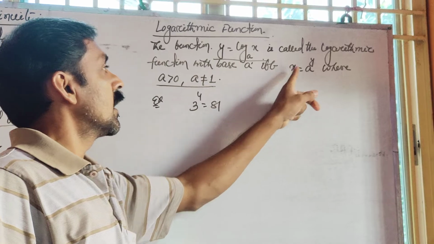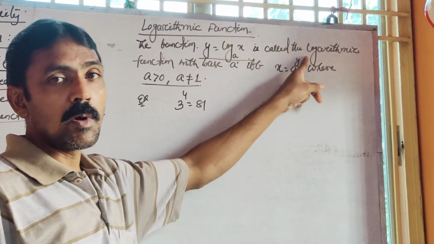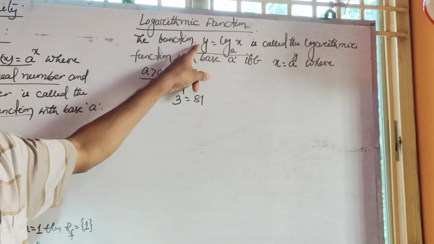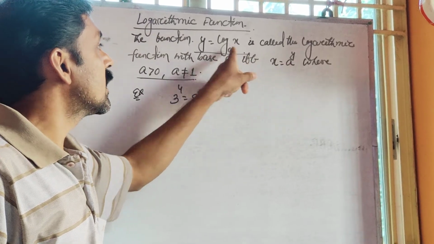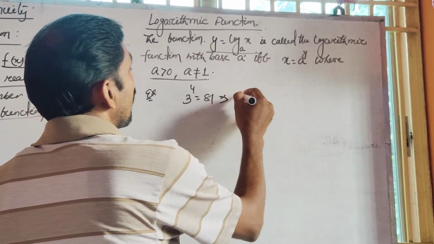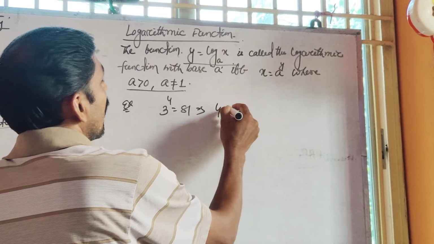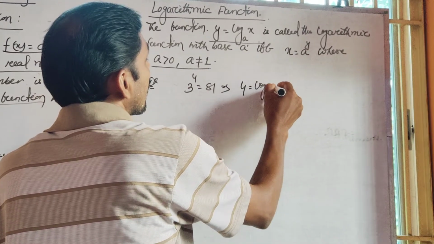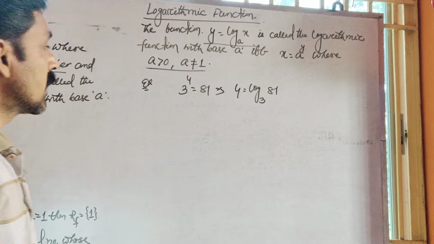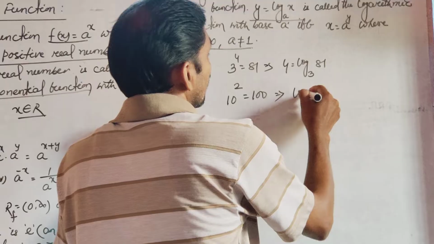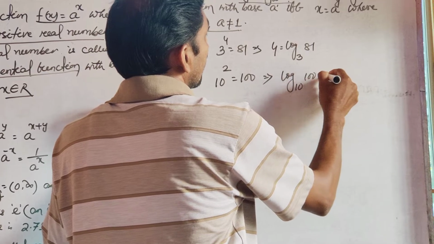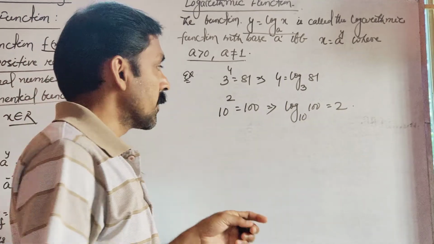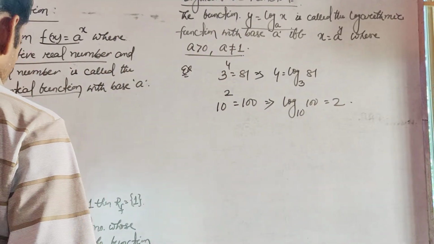Here x equal to a to the power y, then you can write it as y equal to log x with base a. Here the power is alone on this side, and the base is the same. So the power 4 equals log 3 of 81, where 3 is the base. Similarly, log 10 of 100 equals 2. Your base is on this side also. So this is the definition of the logarithmic function.